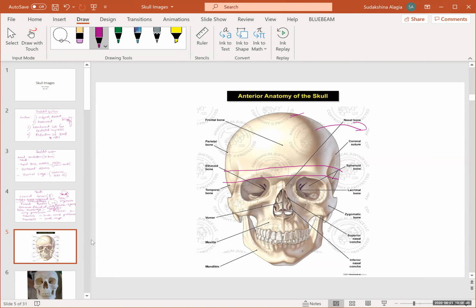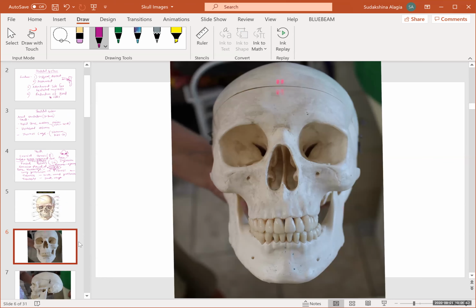Orbit is the name for eye socket. And what's below are the facial bones. You can use this for reference. This is a picture of one of the skull models that we have in our lab.